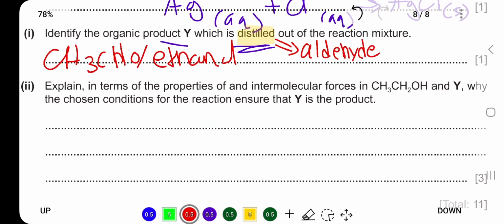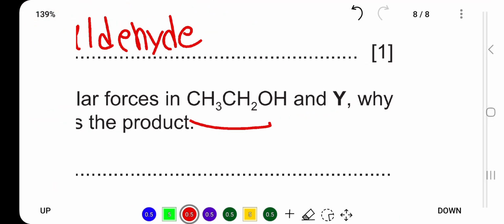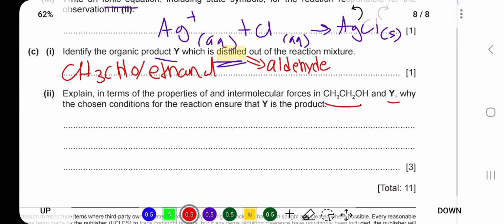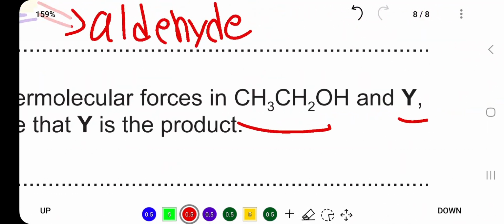Explain in terms of intermolecular forces in the alcohol and Y, which is the ethanal, why the chosen condition is used for the reaction. Okay. Why did we distill it?